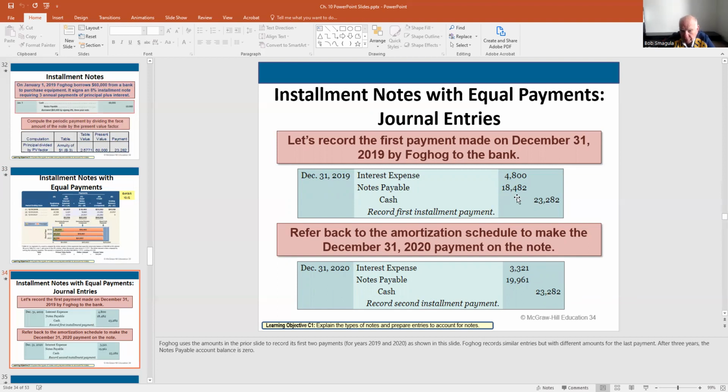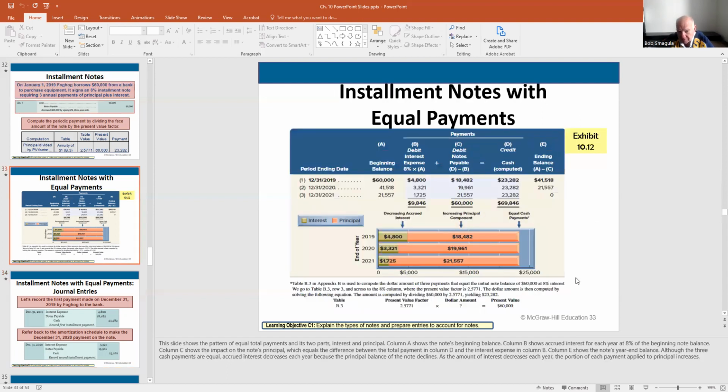Let's go to the next year. Again, we're going to make the same cash payment, 23,282, but the interest expense has gone down from 48 to 33, which leaves us with the notes payable of 19,961.